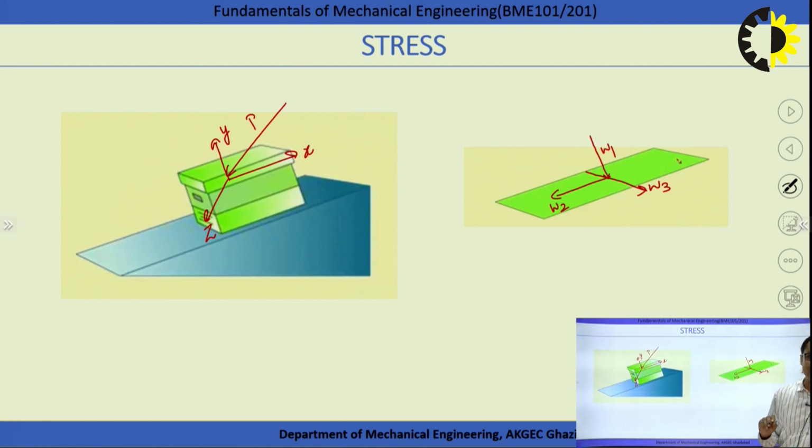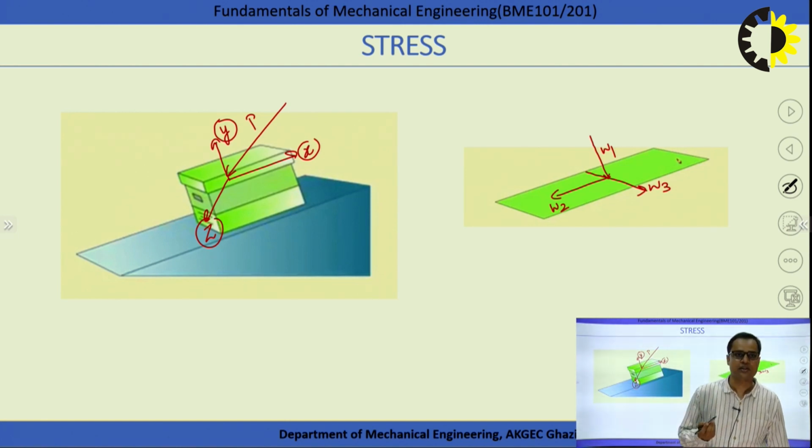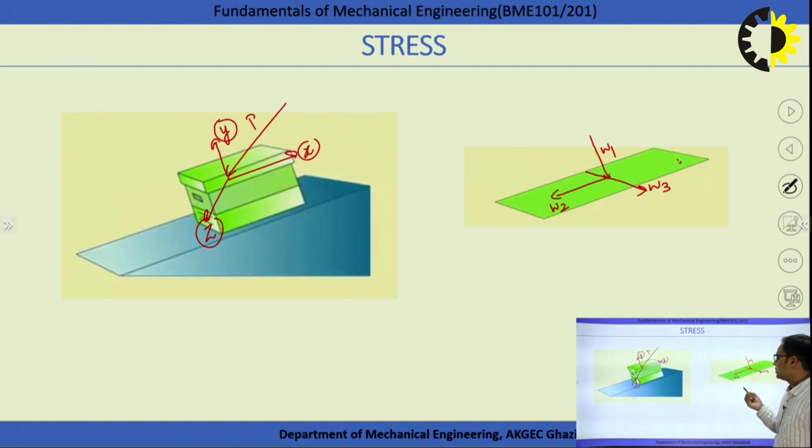In the 3D concept, I am considering coordinate axes X, Y, and Z, and this is subjected to a force P at an inclination from every axis. So P has three components in three different directions: W1, W2 and W3.